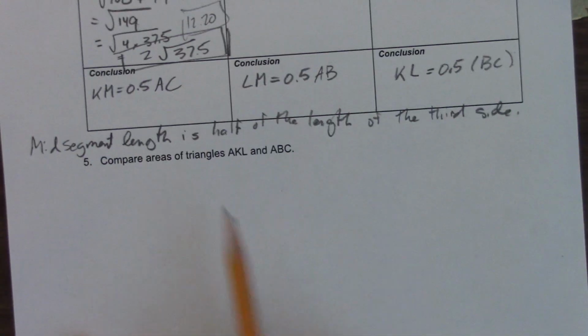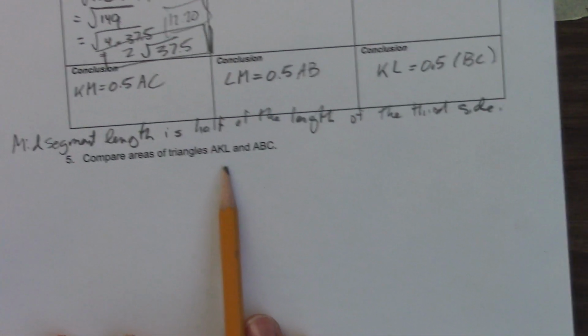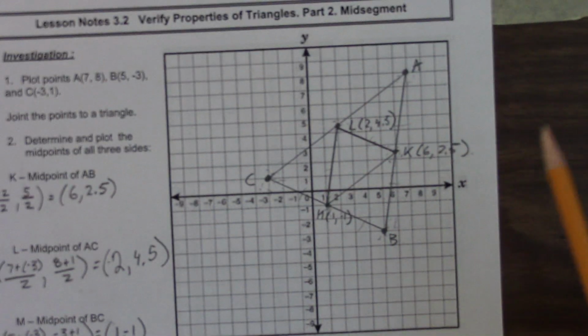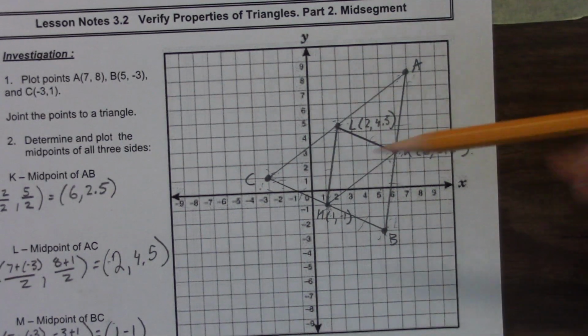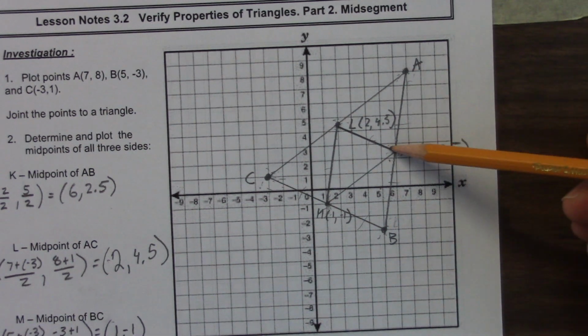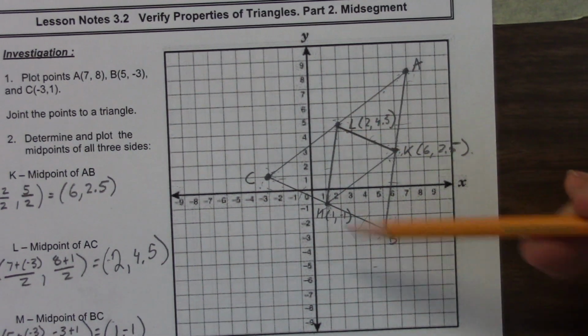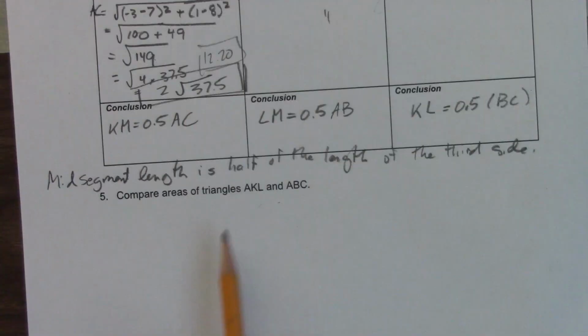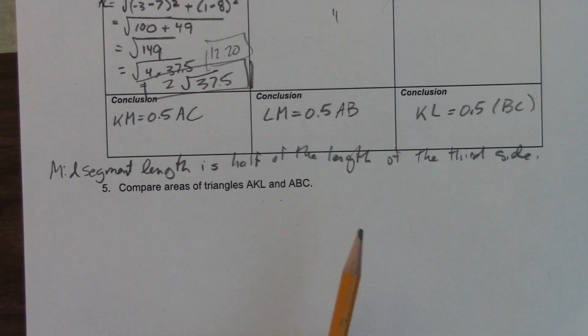The last thing says compare the areas of the triangles AKL and ABC. So the areas of AKL and ABC. So this triangle with this big triangle. Okay? Now that's from grade 9 to get the area of a triangle. And we know it's 1/2 base times height. You would work that out.